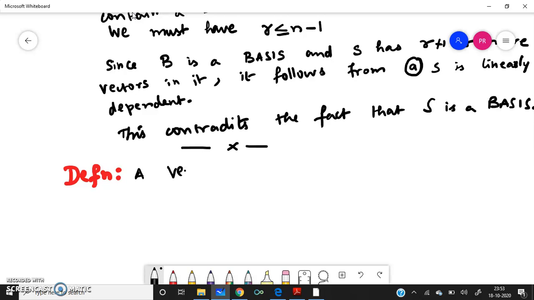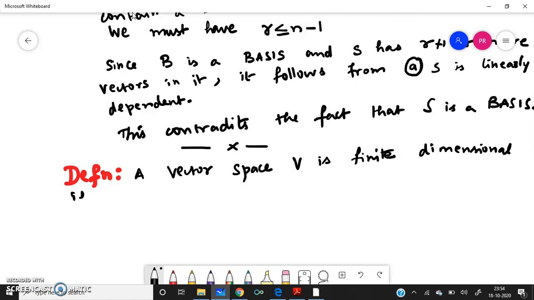A vector space V is finite dimensional if it has a finite basis. If a vector space has a finite basis, then it is said to be finite dimensional.